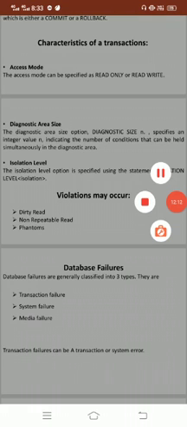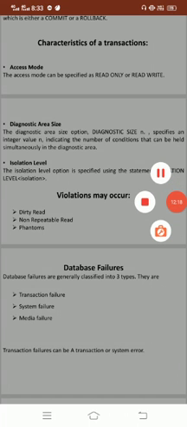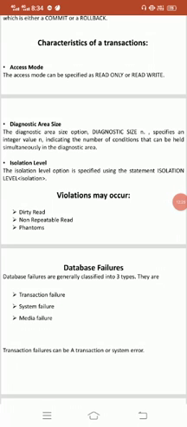The third one is called phantoms. The third violation of isolation level is phantoms. So what is a phantom?